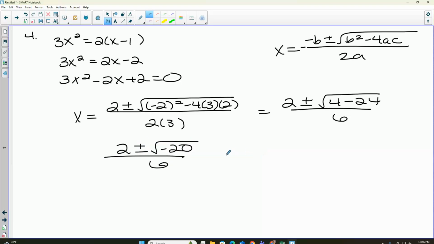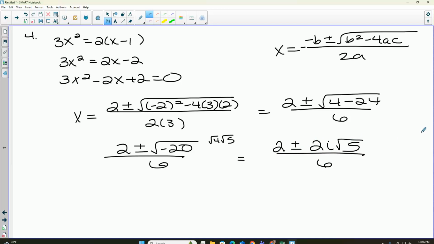Okay, how do we break apart the square root of -20? It's a negative, so we have an i, so 2i radical 5 over 6.